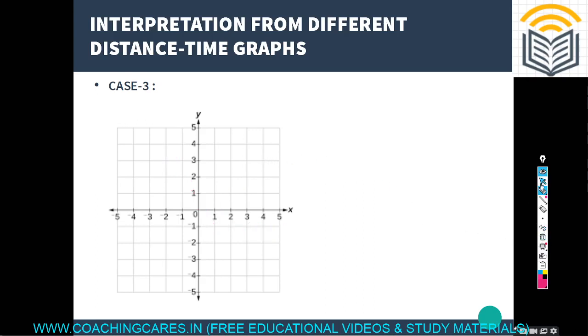In another slide, we'll study one more motion condition, which is non-uniform. Assuming the x-axis is time and the y-axis is distance, with time in seconds and distance in meters, I take this graph like that.